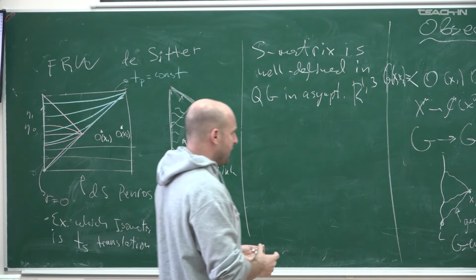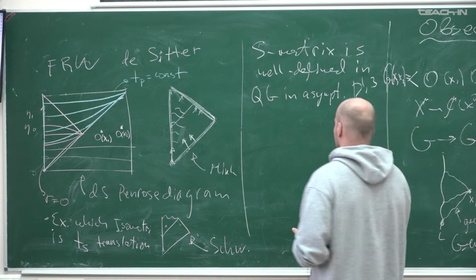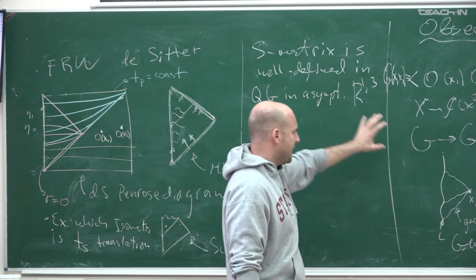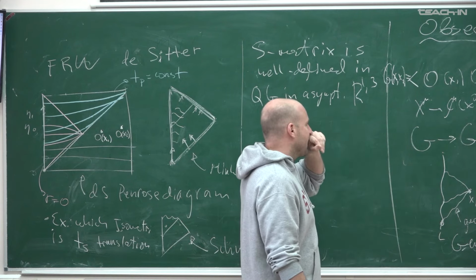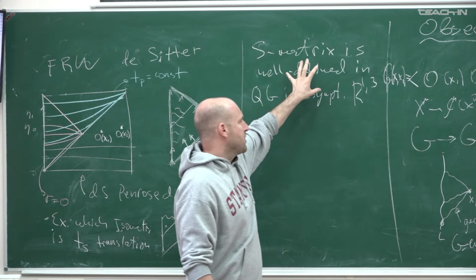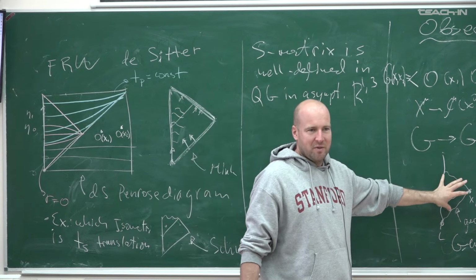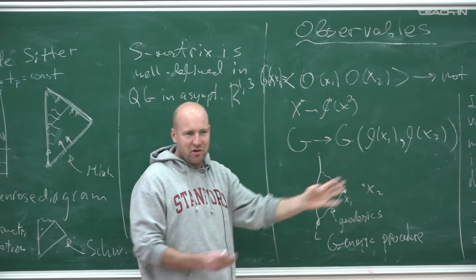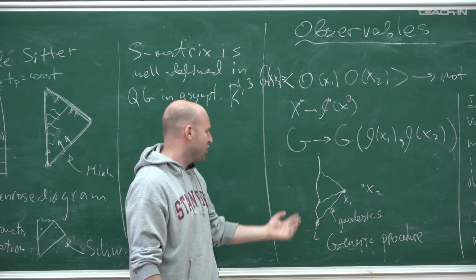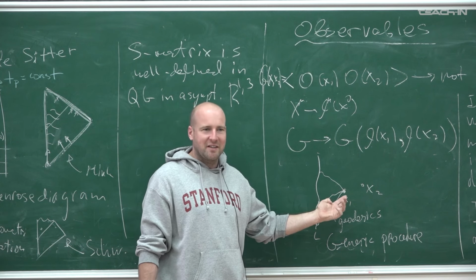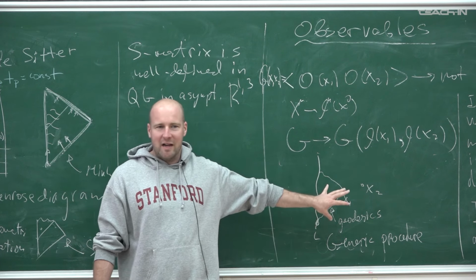So why am I telling you all this? It may not be obvious at this point why this is much nicer than that, but I hope I gave you a flavor that this is really the usual thing we encounter in quantum mechanics. That one looks like a mess, because even a simple expectation value needs a whole bunch of geodesics to define it, and it becomes complicated. And if you actually try to compute something like this in practice, where gravitational effects are important, it becomes a total mess.